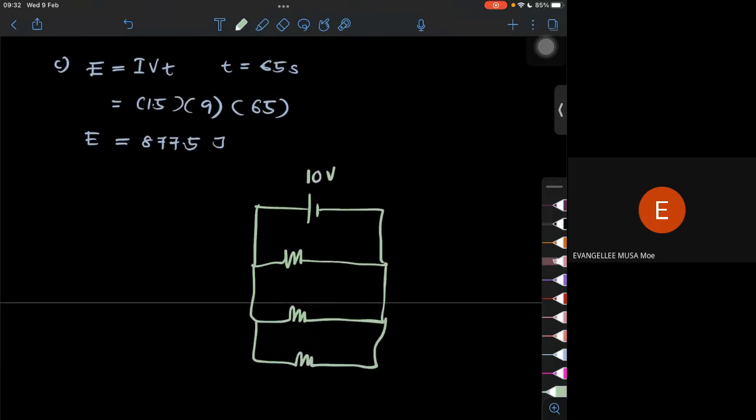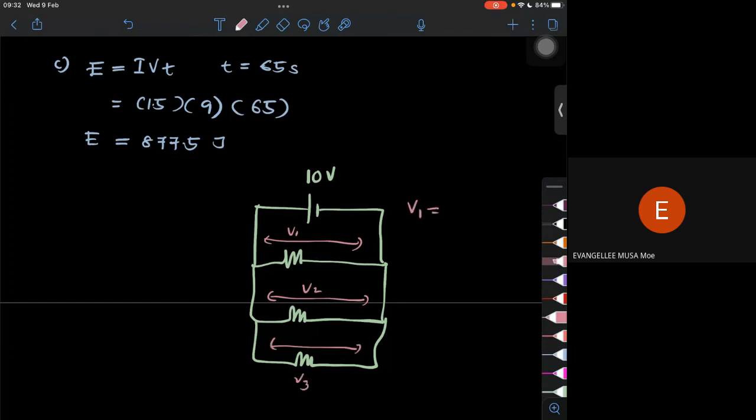So here 10 volt. Kamu just ingat saja, you just remember that okay, the voltage across all of this resistor will be equal. Semuanya akan, the voltage across this one, V1, V2 and V3.